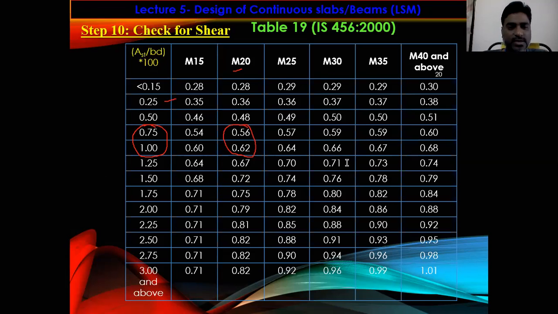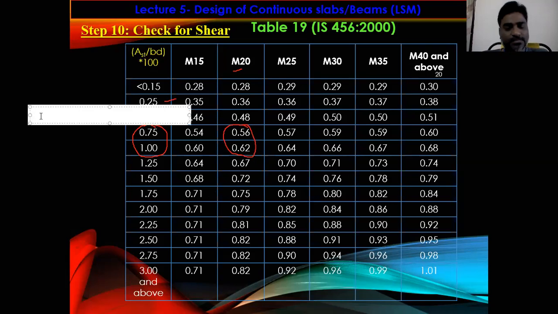How to interpolate? As I told earlier, the interpolation should be the difference between these two, that is 0.62 minus 0.56, divided by 1 minus 0.75. This gives you the slope of the line, this is the linear interpolation, right? You can come from this side or from this side.